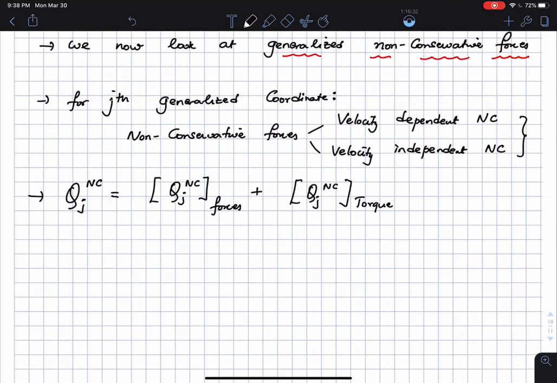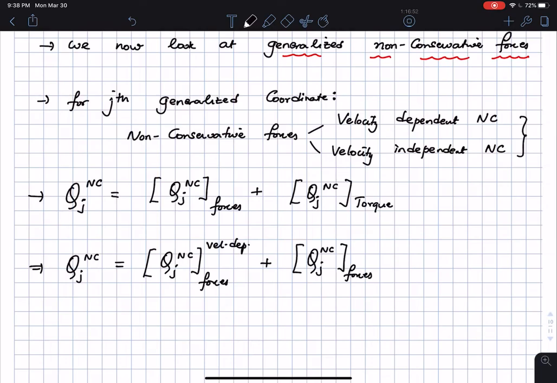Then we further say that Qj non-conservative is going to be Qj non-conservative forces velocity dependent plus Qj non-conservative forces velocity independent and Qj non-conservative torque.